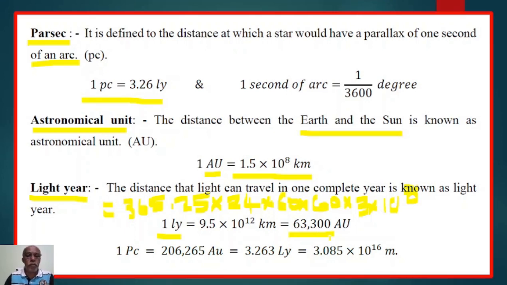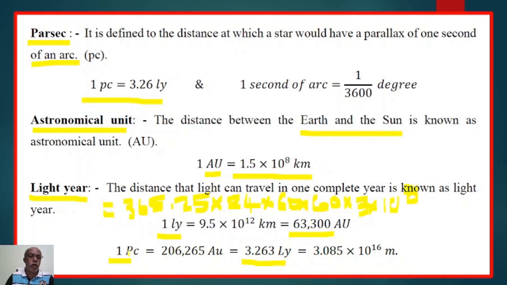We know that 1 PC is equal to 3.263 light years, and therefore if you convert this into the astronomical unit, 63,300 multiplied by 3.263 gives 206,265 astronomical units.